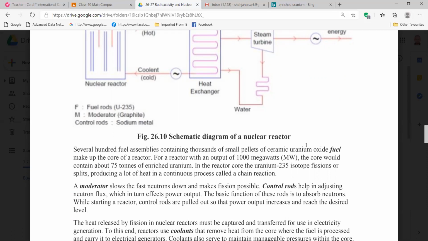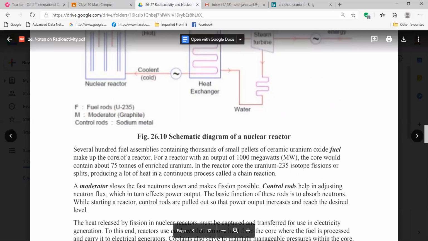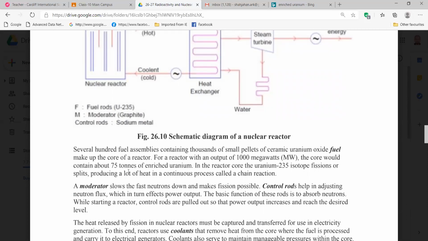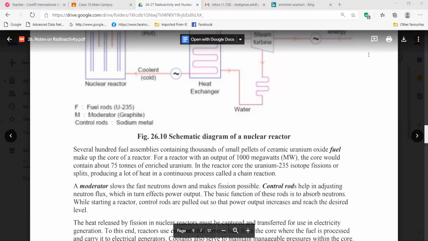So oxide of uranium is the fuel that makes up the core of the reactor. And enriched uranium means, for a power station we need uranium-235, but in nature we don't have enough 235. Normally we have 238. You see what enriched uranium is.